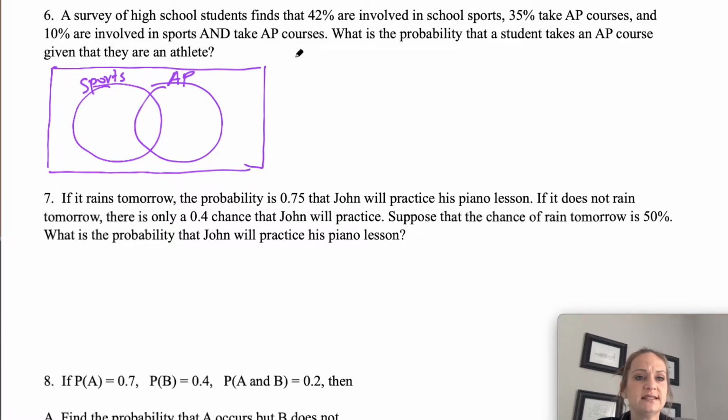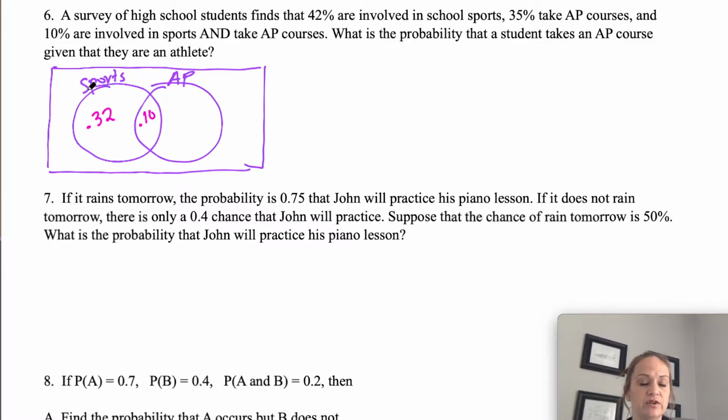Now we know that 10% of people are involved in both, so I'm going to go ahead and put 0.10 in there. Now if 42 students were involved in sports, but 10% of those are also in AP, that means 0.32 were only in sports and not in AP.